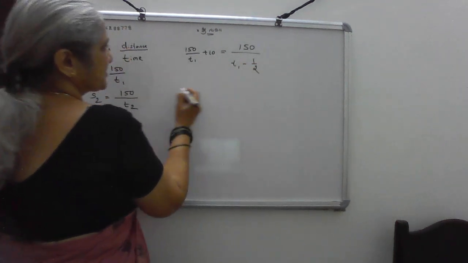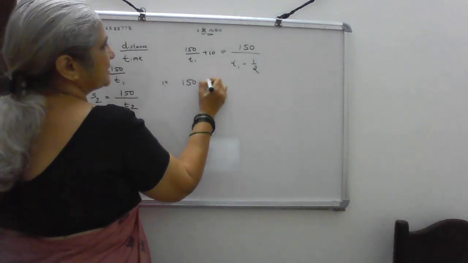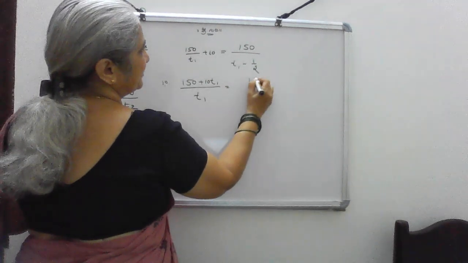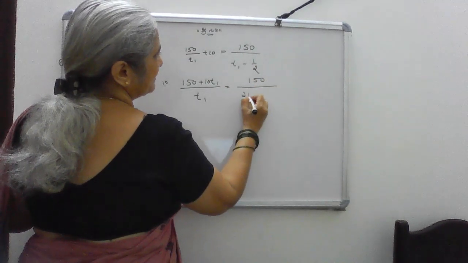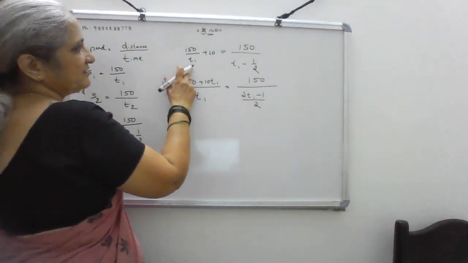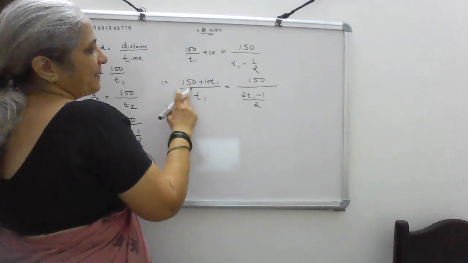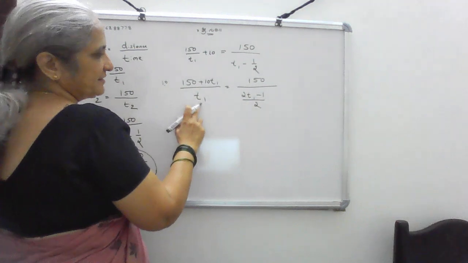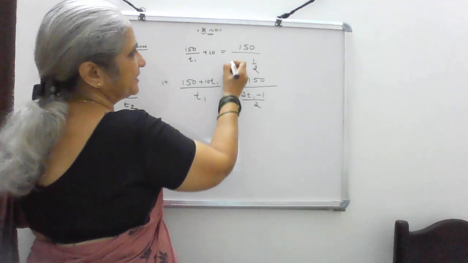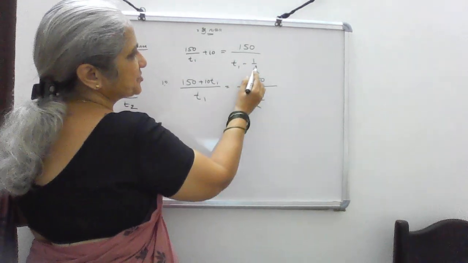So solving the fractions, we will get 150 plus 10 T1 divided by T1 is equal to 150 divided by 2 T1 minus 1 divided by 2, because here the LCM will be T1 and we have to multiply 10 by T1 because the denominator here is 1. We get 150 plus 10 T1 divided by T1. This is equal to 150 in the numerator, and the denominator is 2T1 minus 1 divided by 2, because 2 is the fraction.